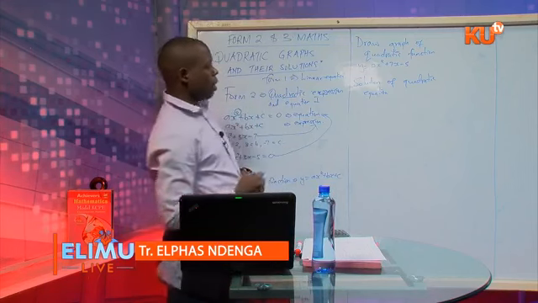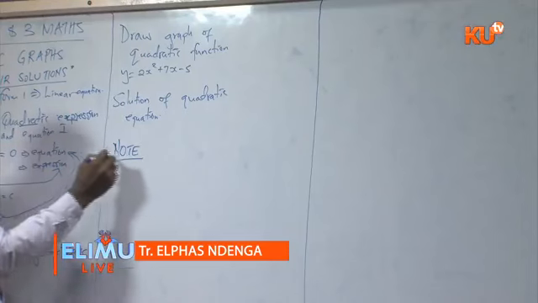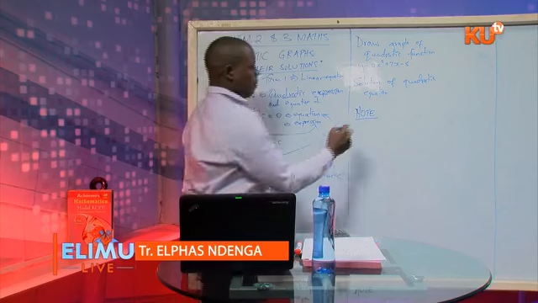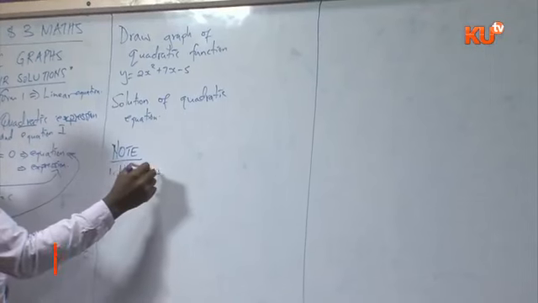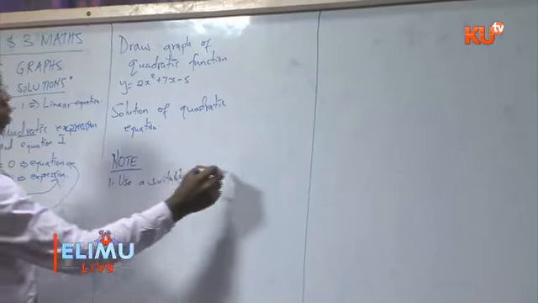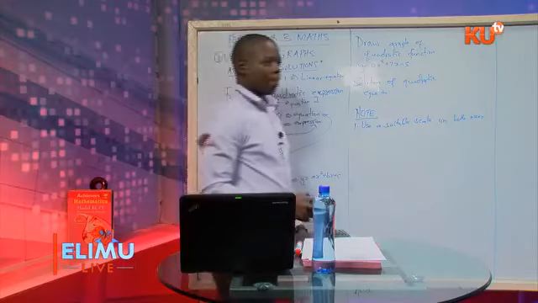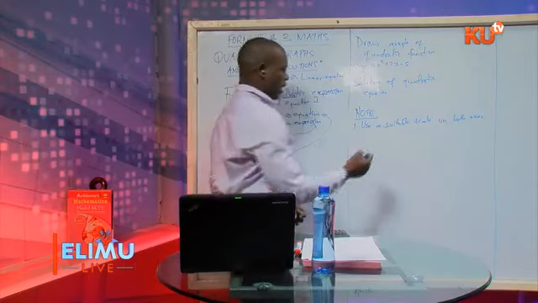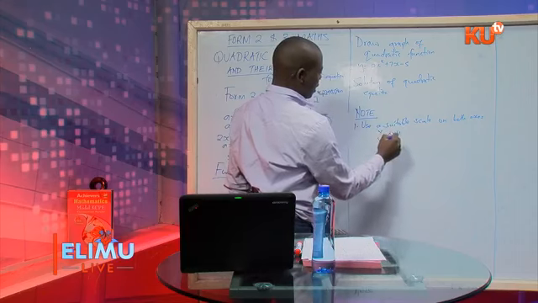One of the most important things when you're drawing a graph are these things that you must note. Number one, you must use a suitable scale on both axes. When talking about both axes, we have the y-axis and the x-axis.